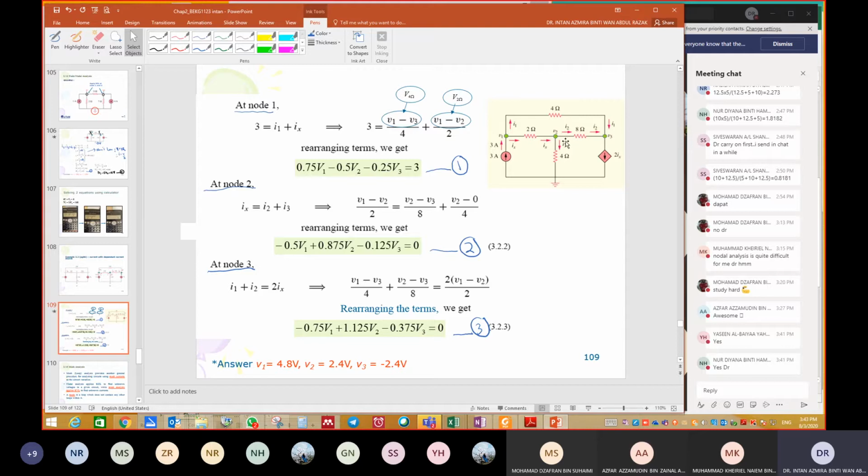Referring to this I2 direction, V of 8 ohm is equal to V2 minus V3. How about V of 4 ohm? It is V1 minus V3. Yeah, it follows your flow of current.